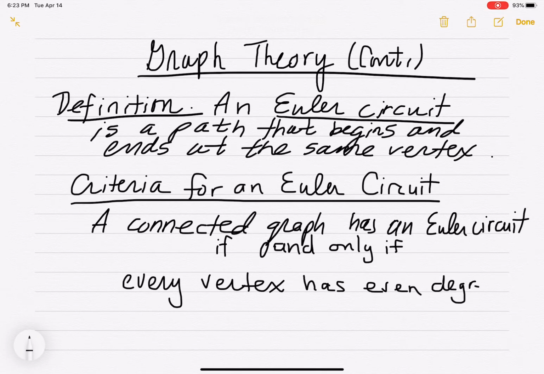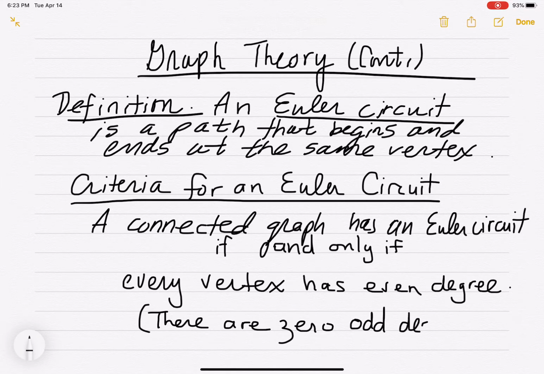In other words, there are 0 odd degree vertices. So all even vertices means 0 odd degree vertices. It's another way of saying it.